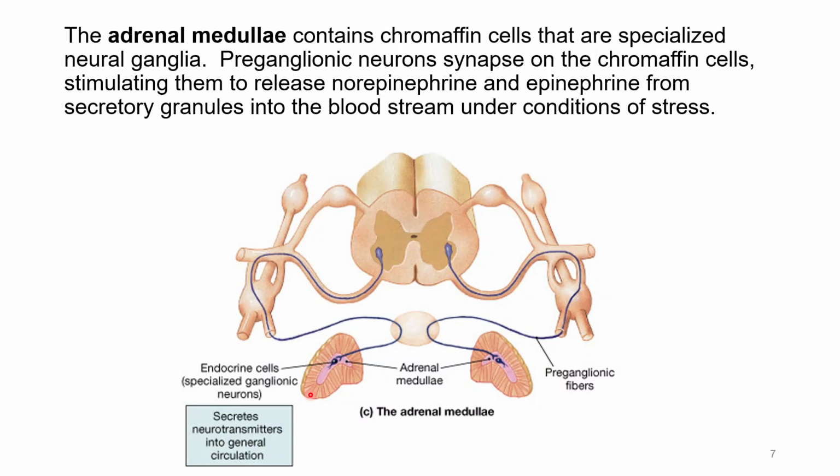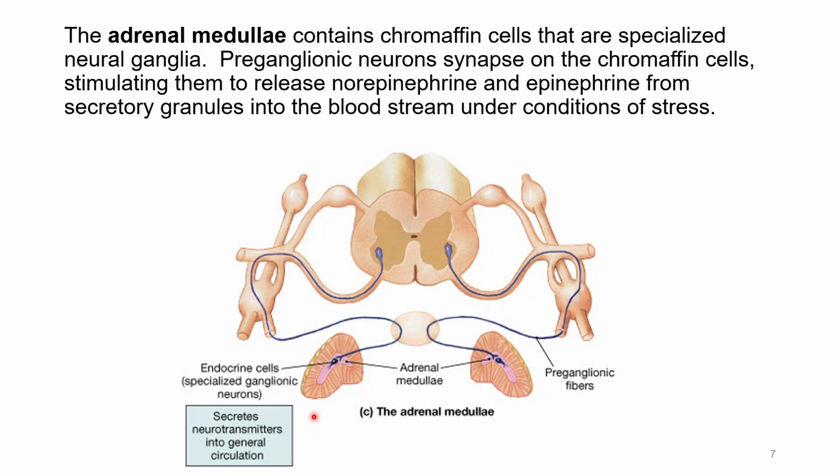These are endocrine cells that are called chromaffin cells, and these are responsible for secreting the epinephrine and norepinephrine. So again, these are endocrine cells that are really a type of ganglion cell. They're originally derived from neuronal ganglia, but their job is to synthesize epinephrine and norepinephrine and store them in secretory granules.